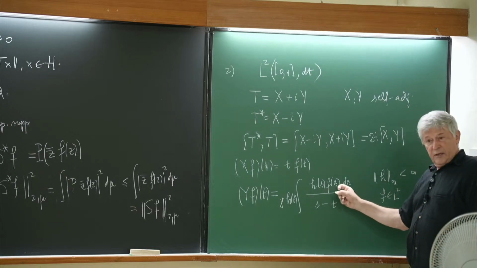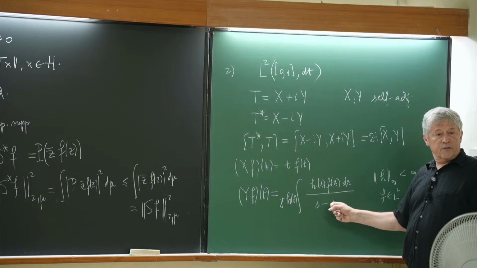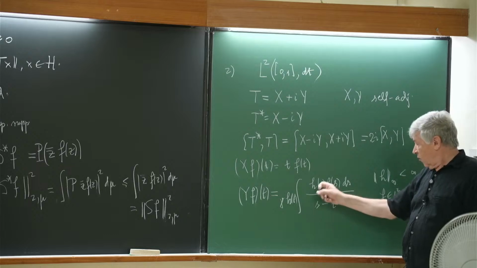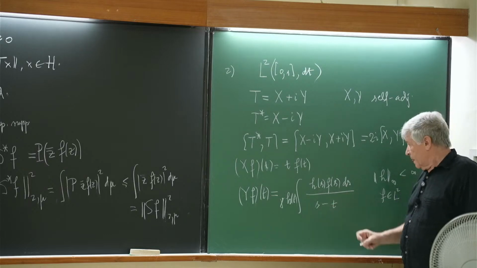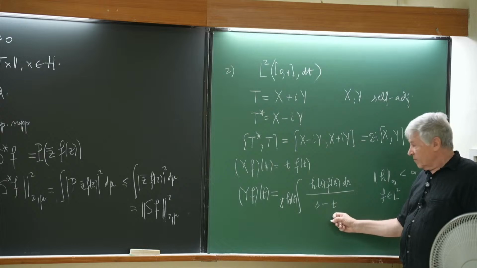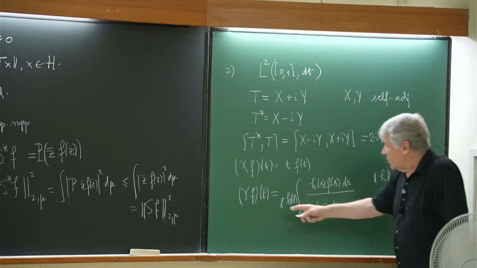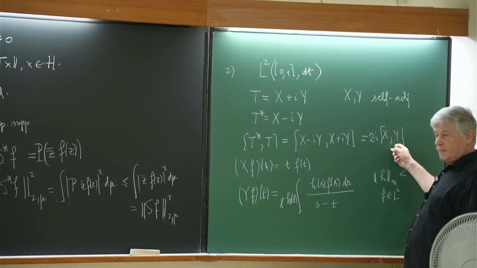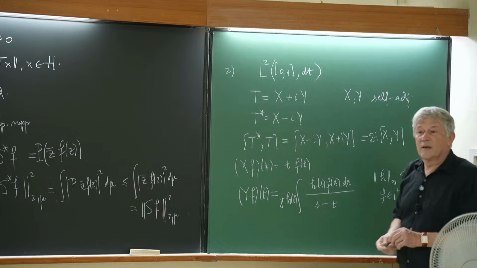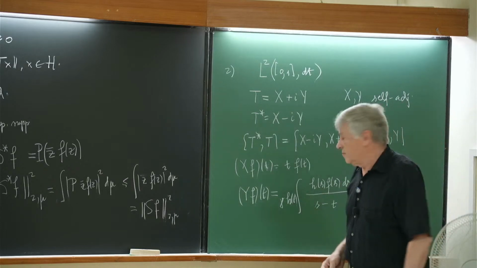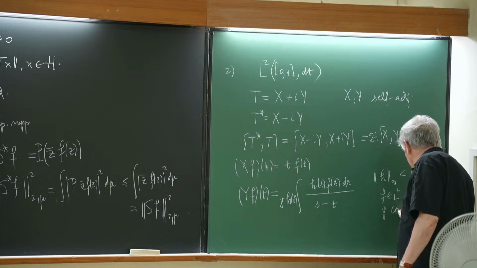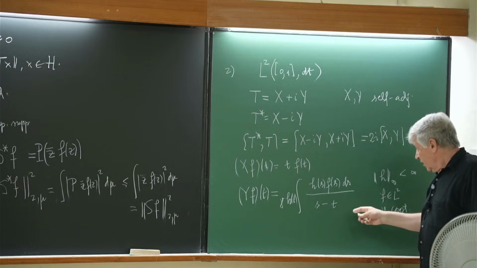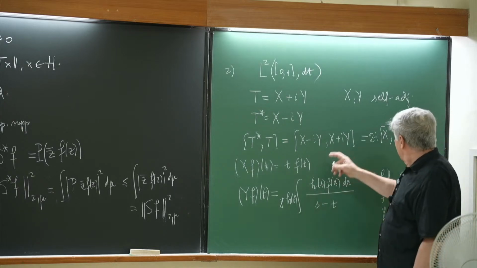The product is in L2, and as you know, the Hilbert transform is bounded. It's a bounded convolution with 1 over t. So this is a bounded transform. And now let's try to compute the commutator between x and y. The constant we'll adapt as we need. So what does x times y mean?